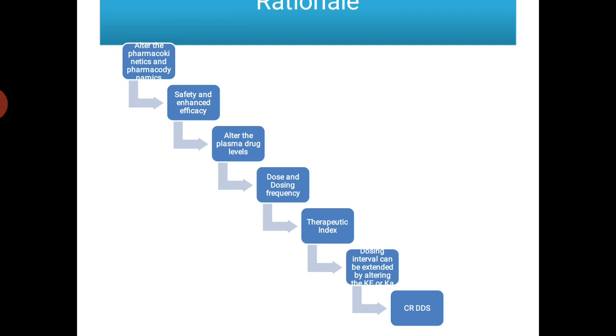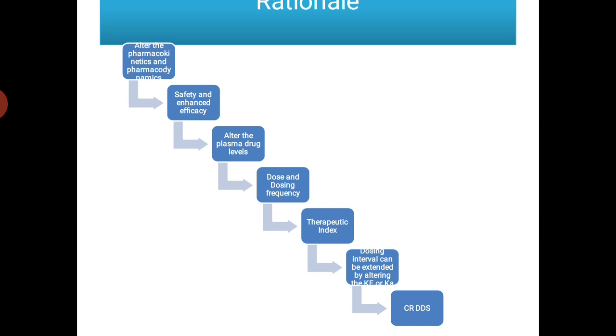To develop a delivery system, or to deliver the drug safely and effectively into the body, we must alter the plasma drug concentration. In the case of a conventional form, we are getting fluctuations. If we want to alter this plasma drug concentration, we have the option of altering the dose, altering the dosage regimen, or altering the dosage frequency.